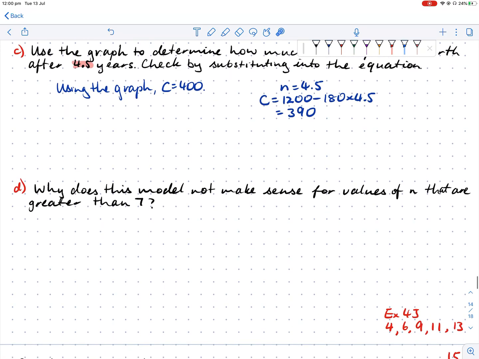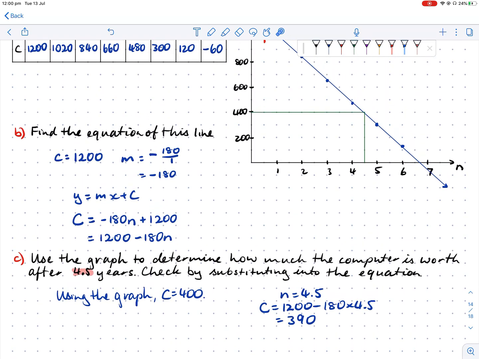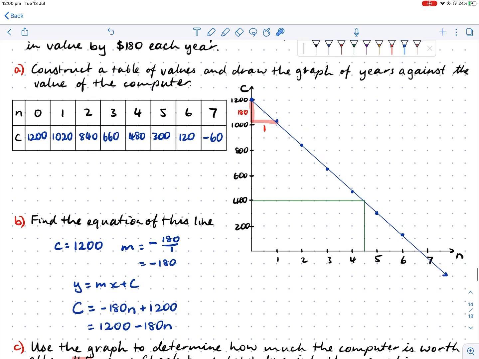The last part, why does this model not make sense for values of n that are greater than 7? Even when it's equal to 7, what you would have seen in the table was that when the number of years equals 7, we got a negative value for the value of the computer. That's always going to be a problem. You can't have a negative value of something.